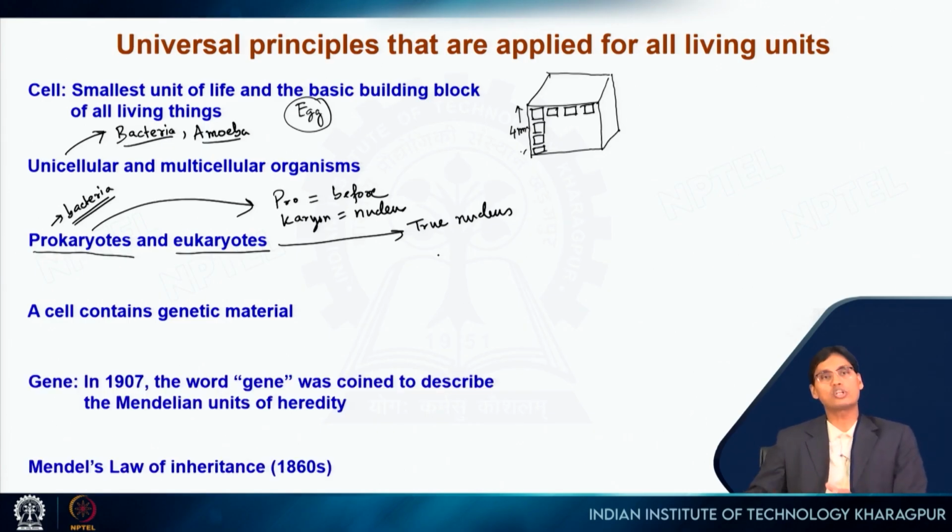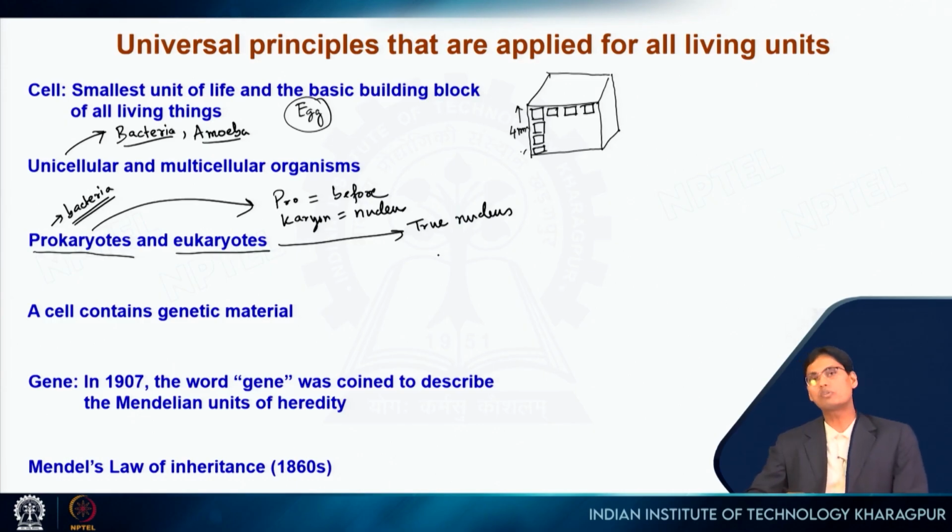Since I started talking about genetic material, we should mention what genetic material is. I will explain in more detail in the next lecture. But all of us know Mendel's law of inheritance. In the 1860s, Mendel discovered many things about what is coming from the previous generation to the next generation, and based on that, he properly explained the law of inheritance.